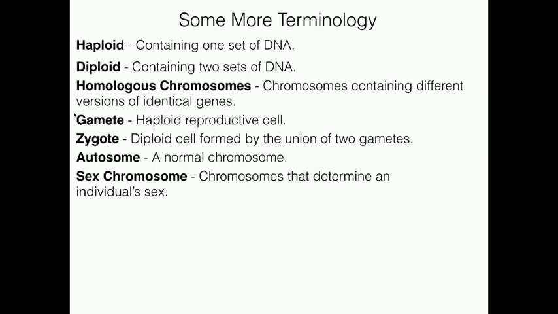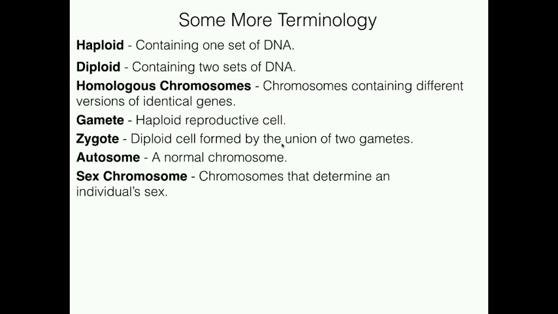When two gametes unite, when sperm and egg fertilize, what you've made is a zygote. A zygote is a diploid cell formed by the union of two gametes. Last thing, you have more than one type of chromosome. In fact, humans have 23 chromosome pairs.